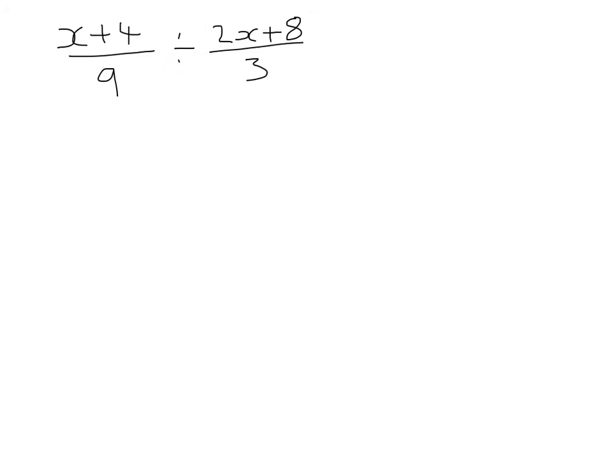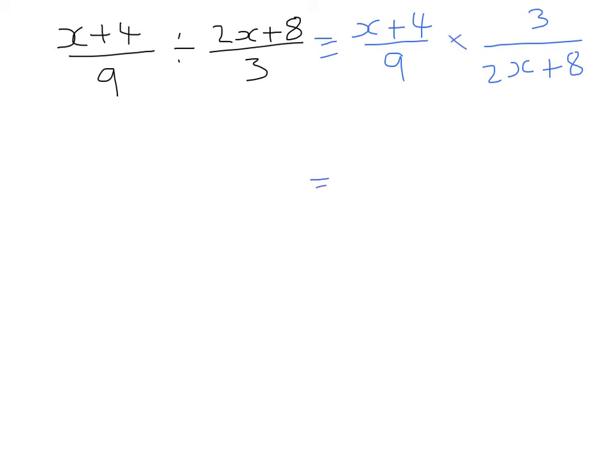This time we're going to divide two fractions, and we have a binomial in both of the numerators. To begin with, we can keep the first fraction, flip the second one, so we're going to invert that second fraction, or take its reciprocal, and then change the divide sign to multiply.